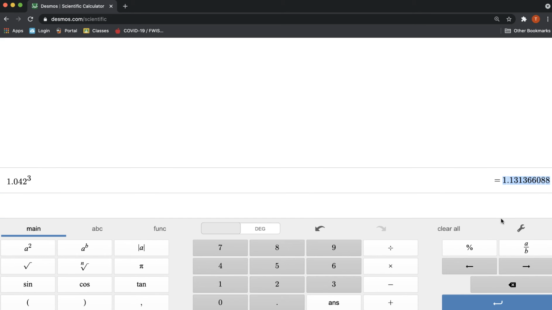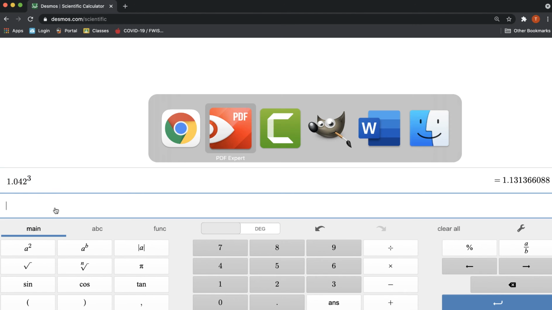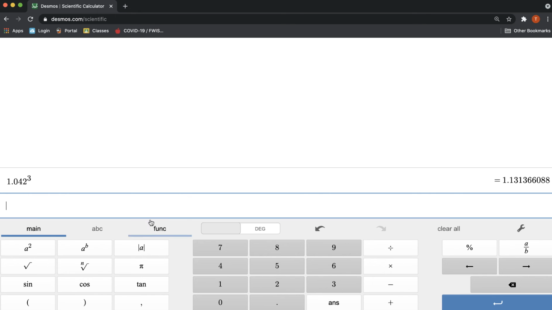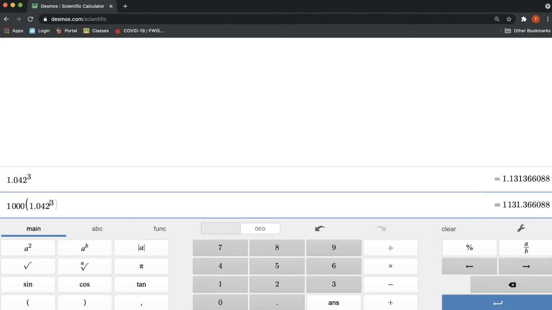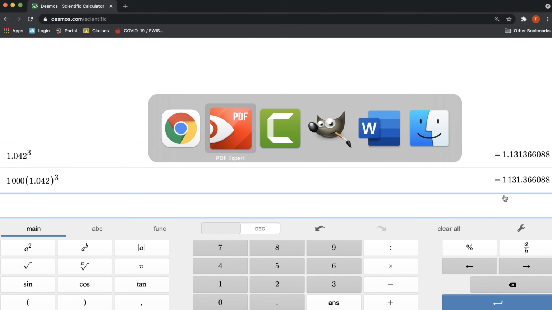That's just a lot. So instead of just typing in that, I'm going to type in what I had before: 1,000 times 1.042 to the third power. And I get 1131.37. We'll round that.